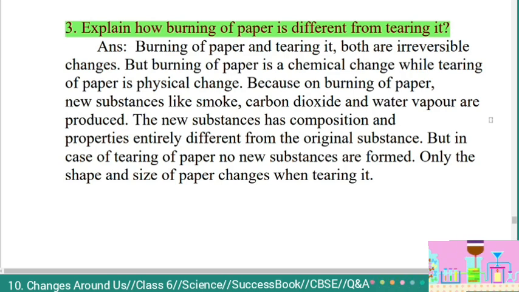Because on burning of paper, new substances like smoke, carbon dioxide and water vapor are produced. The new substances have composition and properties entirely different from the original substance. But in case of tearing of paper, no new substances are formed, only the shape and size of the paper changes when tearing it.